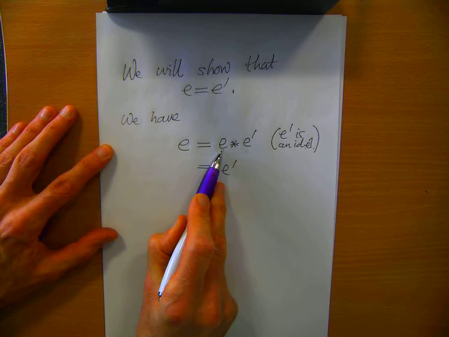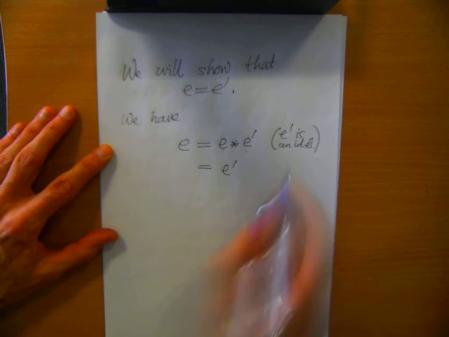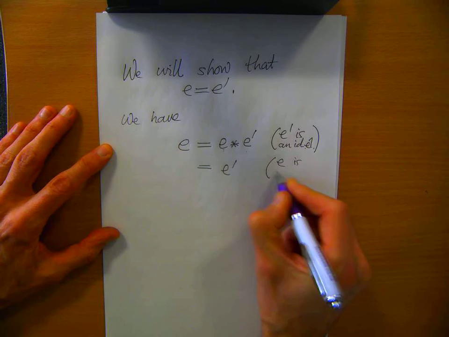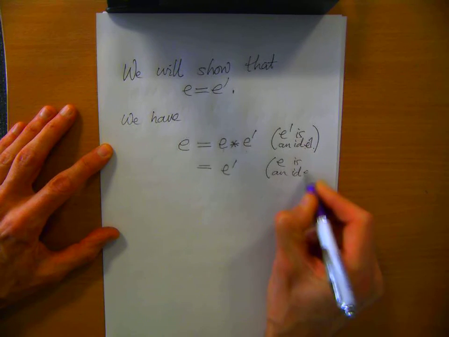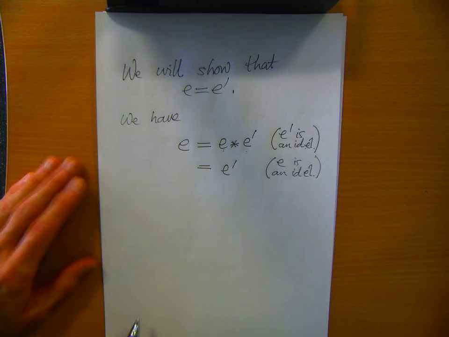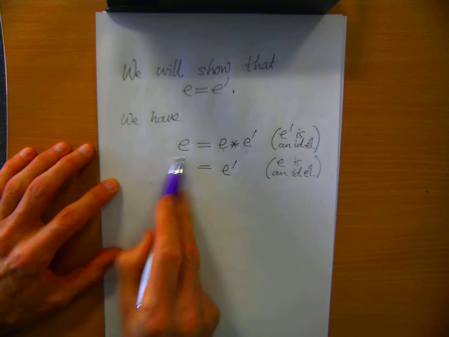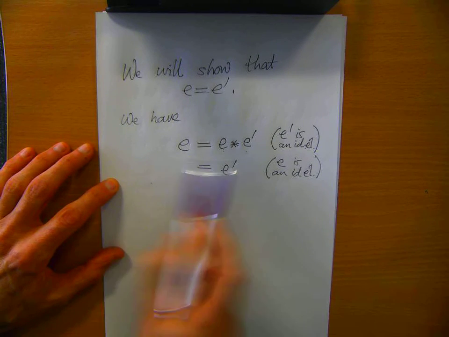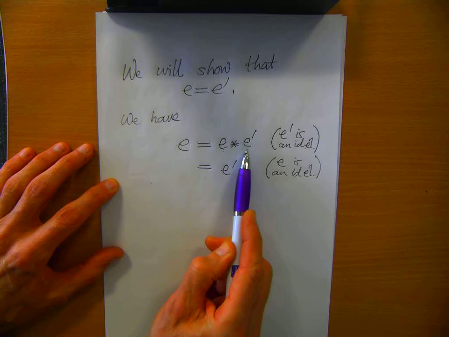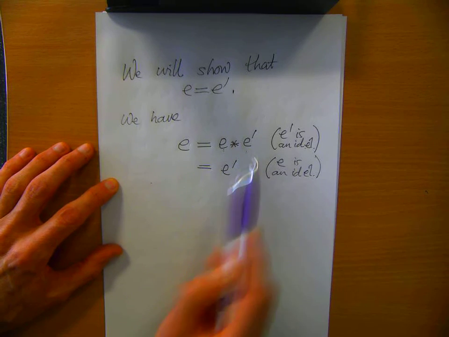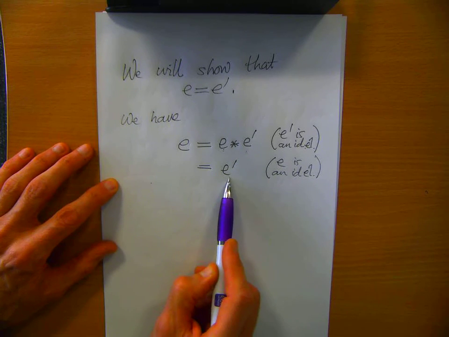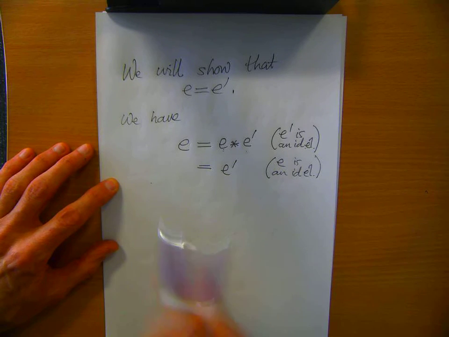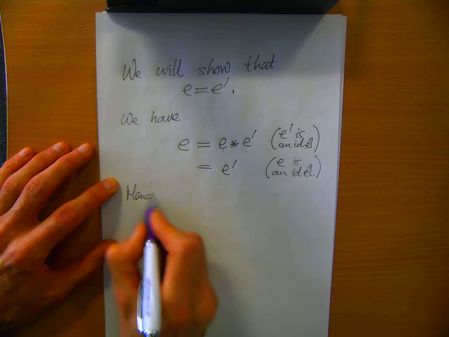In fact, all I'm using is that E is an identity element on the left. So this is because E is an identity element. So we started off with E. We then did a manipulation thinking of E prime as an identity element. And then we used the fact that E is an identity element and we got to E prime. So what we've shown is that E equals E prime.